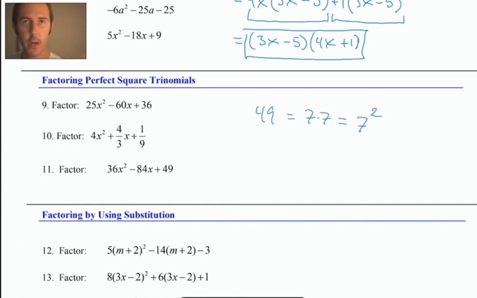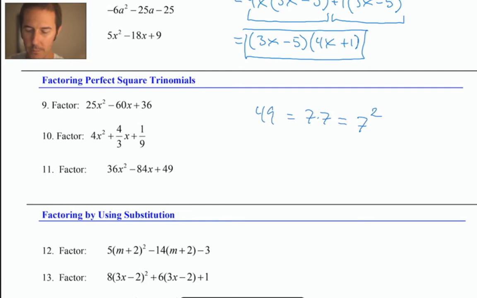So a perfect square is the result of squaring something. If this thing's a perfect square trinomial, then it's a perfect square, so it better be the result of squaring something. It's for sure a trinomial because it has 1, 2, 3 terms. If it's got 3 terms, that makes it a trinomial.